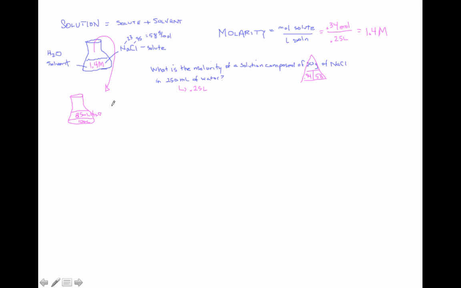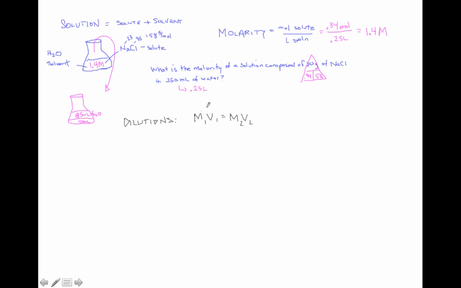What is the molarity now? The molarity, or the dilution equation, is going to be super helpful to you. So let's put the dilution equation up here. It's M1V1 equals M2V2.